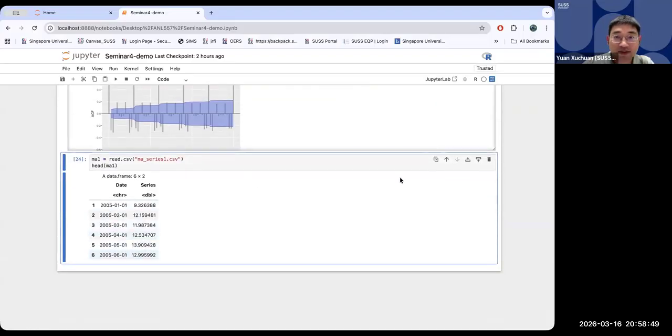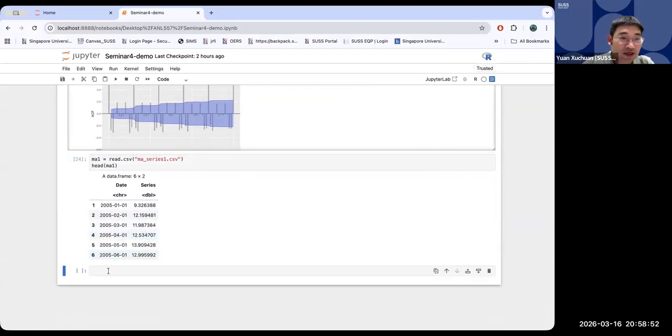So I will change the column name. And for this series, we don't have a missing value, so I just need to change the first column into date format.